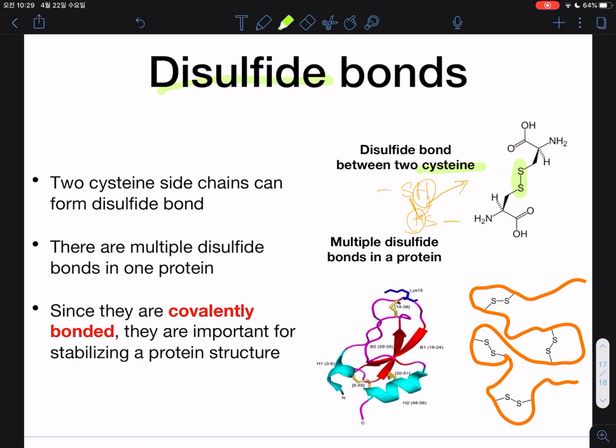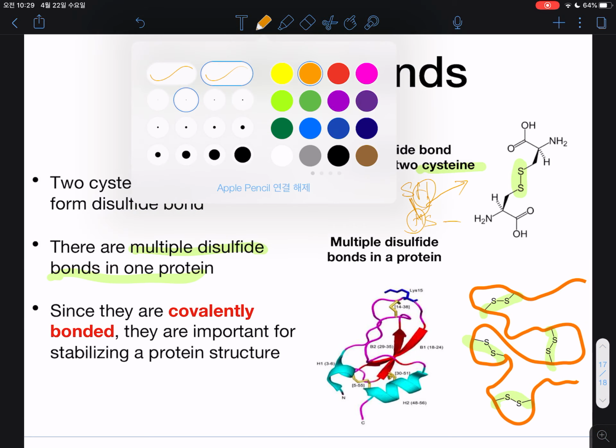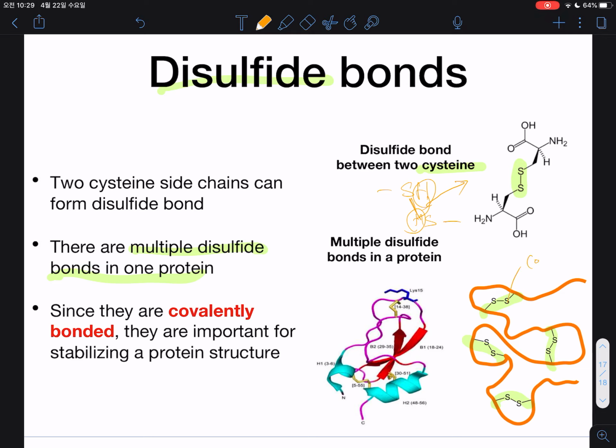So there could be multiple disulfide bonds in one protein, and as you see, these cysteines can form disulfide bonds between amino acids. As I mentioned, these disulfide bonds are covalent bonds, so they are quite strong.